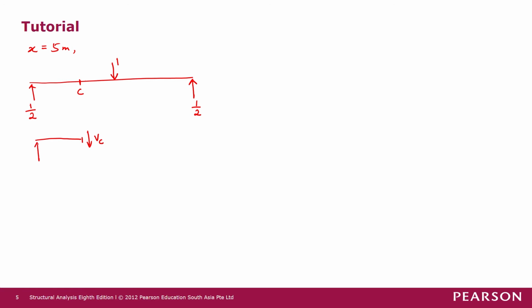If you're interested in MC, please refer back to the video lecture, when we are calculating bending moment for one point in the middle of the beam, MC. But the point C in the example is a different location from this example, so please take note.